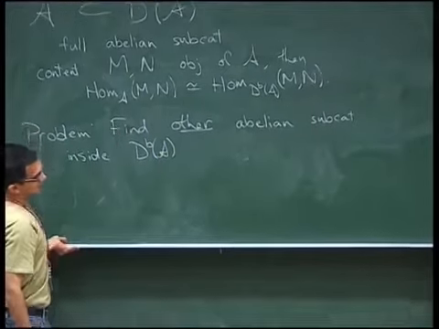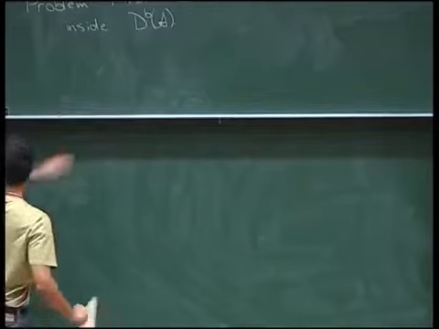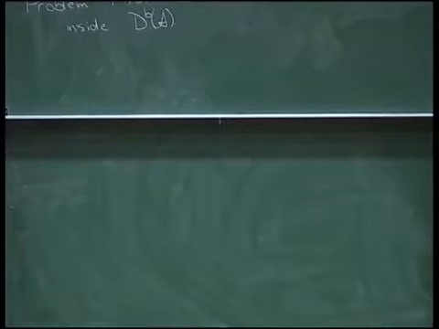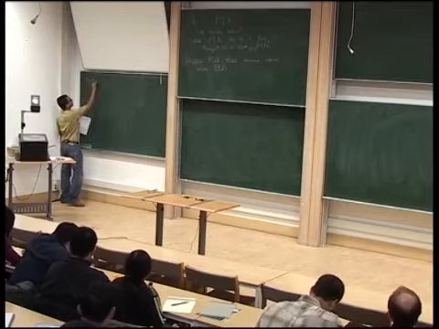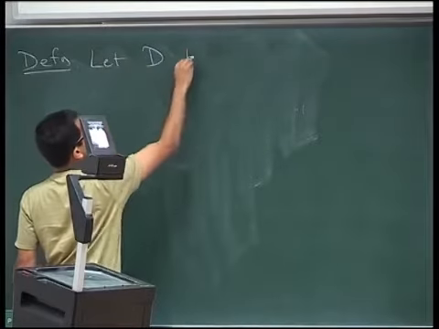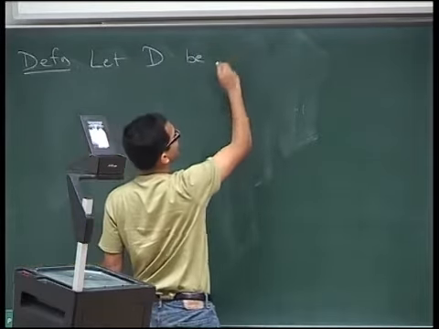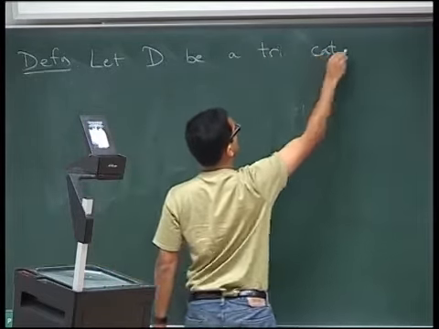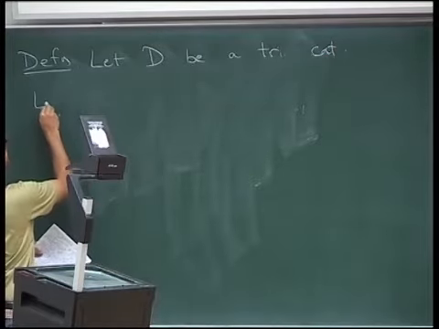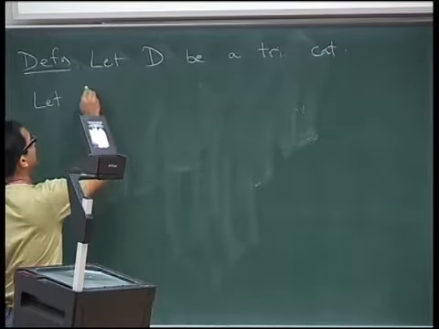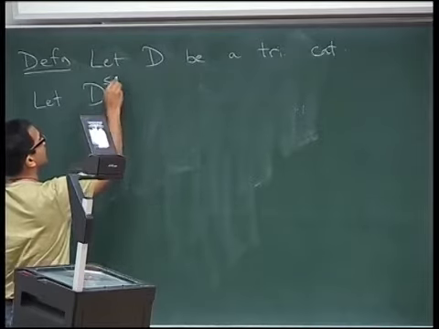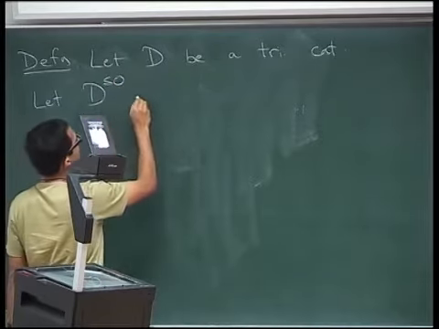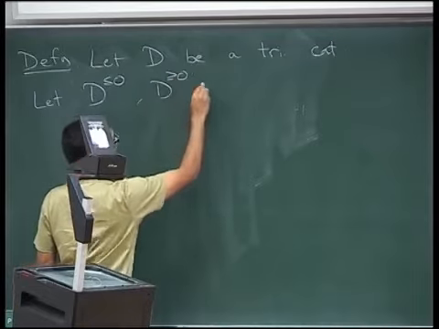Okay, so here's the definition. Maybe I'll write the definition over here, and then I'll keep it up for the rest of the talk. For the definition, I'm going to let D be any triangulated category. It doesn't have to be a derived category. And then suppose you're given two full subcategories of it, which are going to be called D less than or equal to 0 and D greater than or equal to 0.